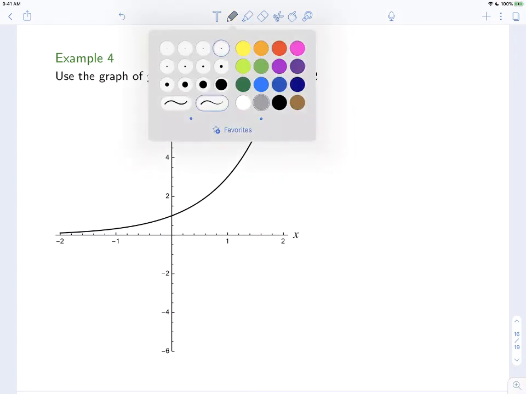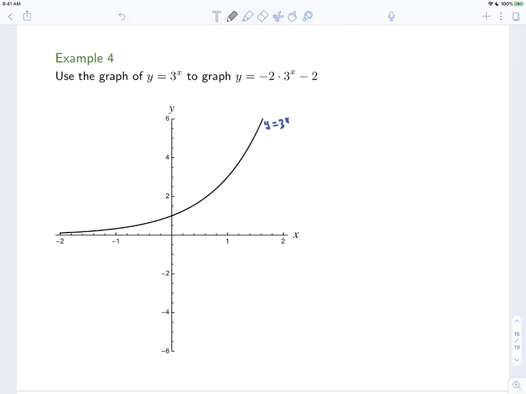So let's multiply by 2. So let's just pick a few key points here. So we want to multiply this by 2, so the y-intercept was 1, but it'll now be 2, like that. And let's see, what about when x is equal to 1? When x is equal to 1, this gives us the point (1, 3).